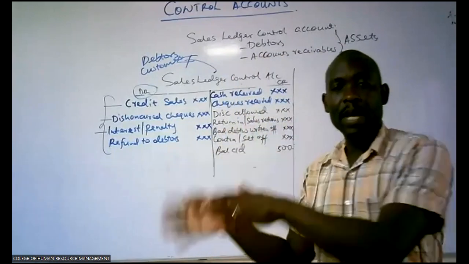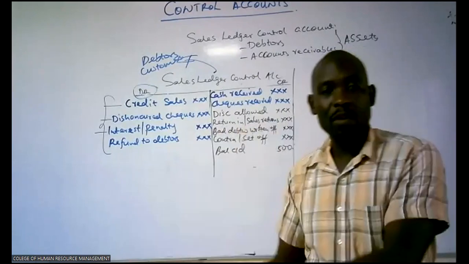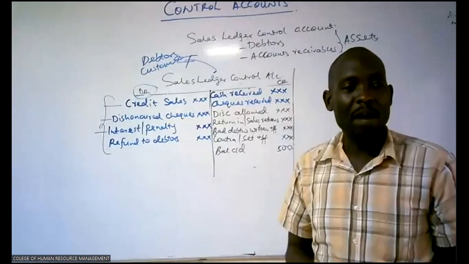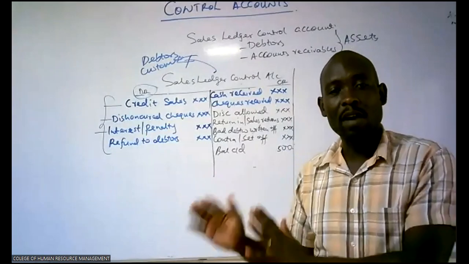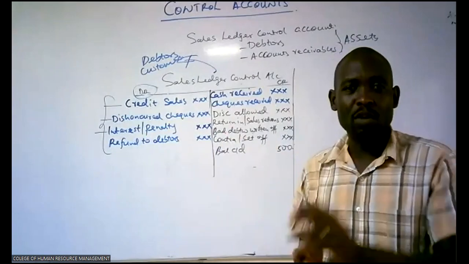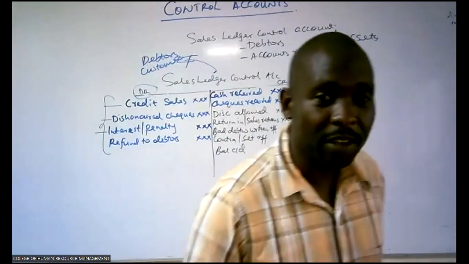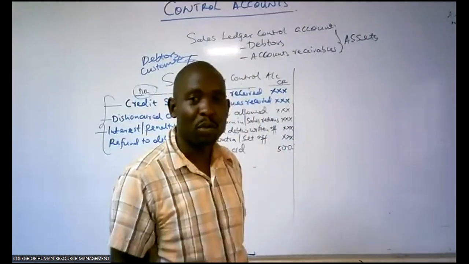So the moment you are paid and then later on you return the goods, it is actually now the seller to refund you an amount of money equivalent to the goods that you have actually returned. So it is going to attract a refund. So in this case, it does not mean that the other debtors will cover that.